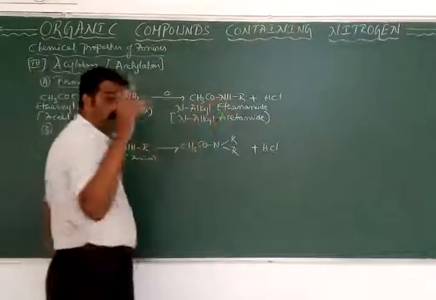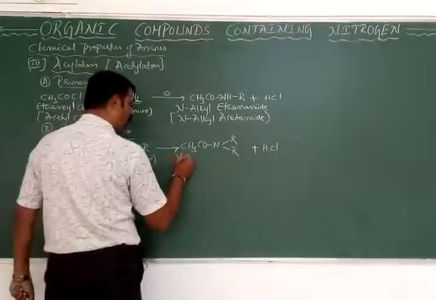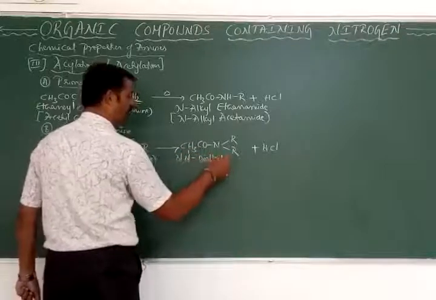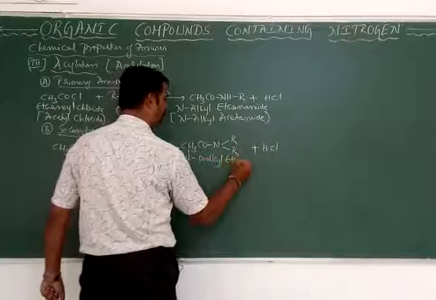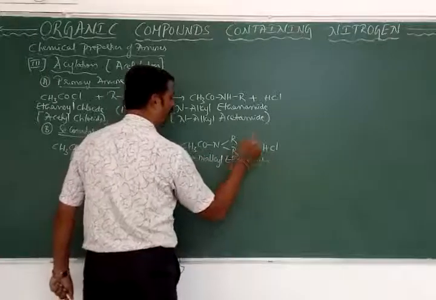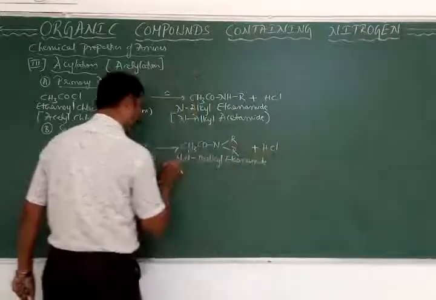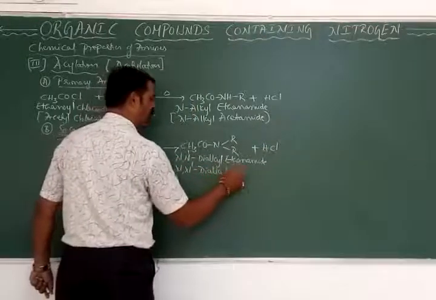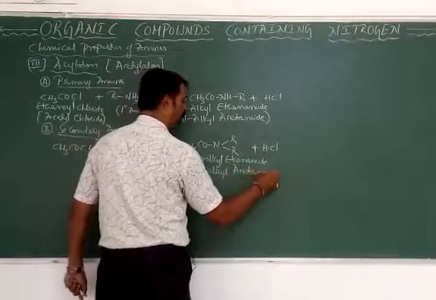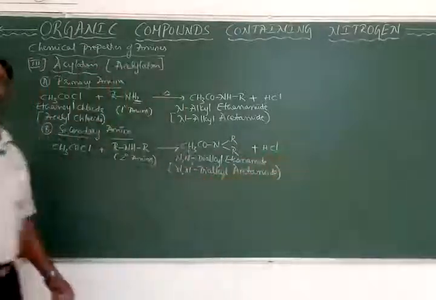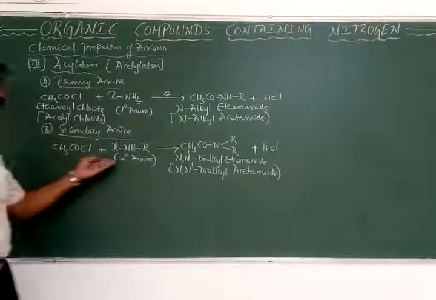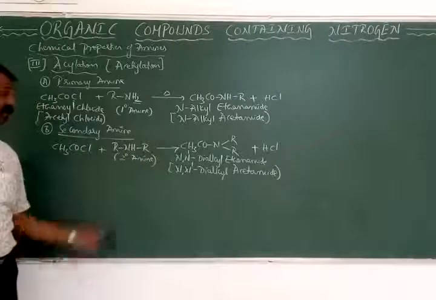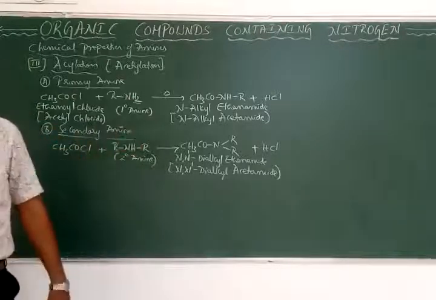Here we have only one alkyl group on each side, so it is called N,N-dialkyl ethanamide, or commonly N,N-dialkyl acetamide. Acetyl chloride reacted with secondary amines forms N,N-dialkyl ethanamide, or sometimes N,N-dialkyl acetamide.